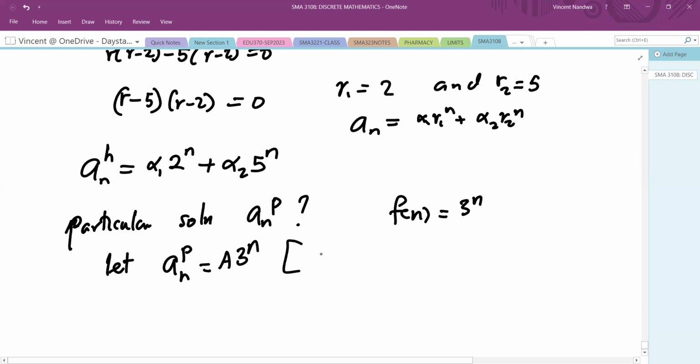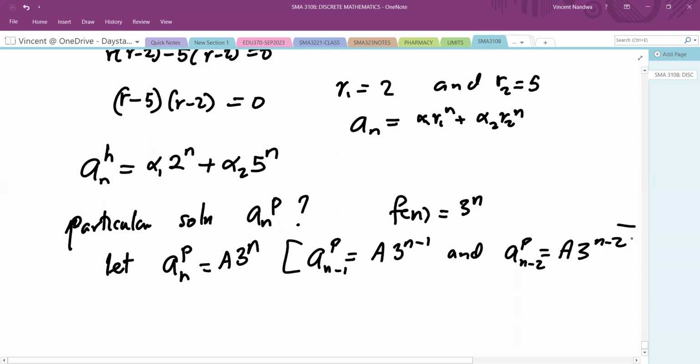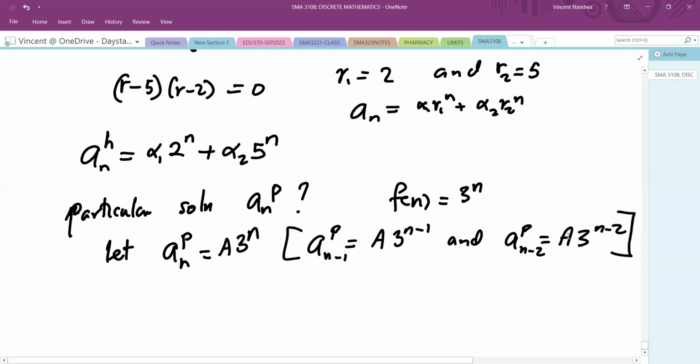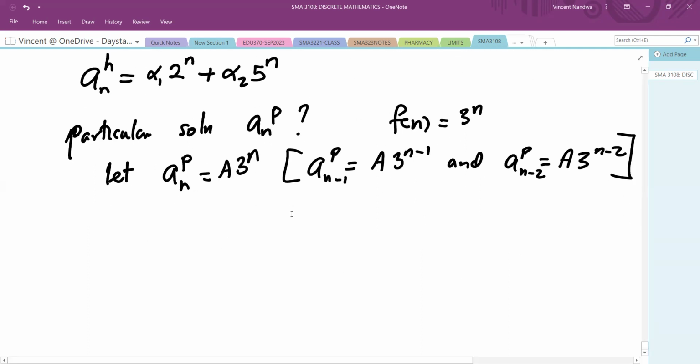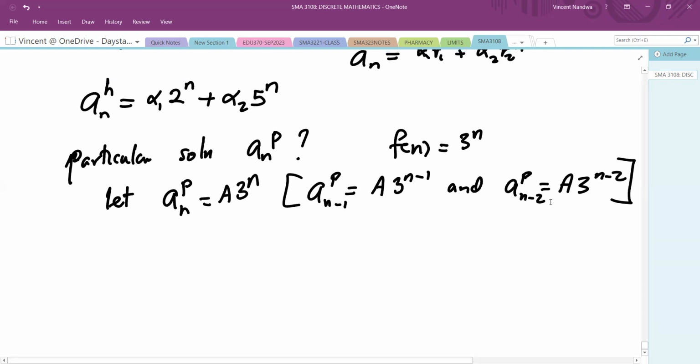So by doing that, a_(n-1) will be a times 3^(n-1), and a_(n-2) will be a times 3^(n-2). This simply means that to define a_(n-1), the role of n is taken by n minus 1, and to define a_(n-2), the role of n in the assumed solution is n minus 2.